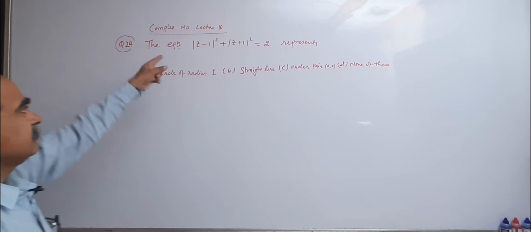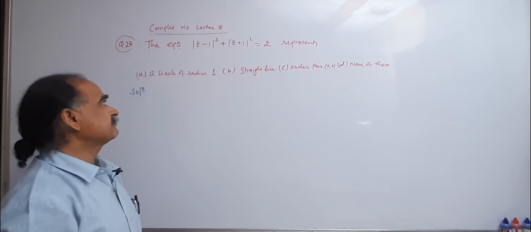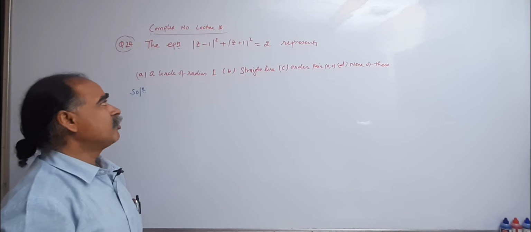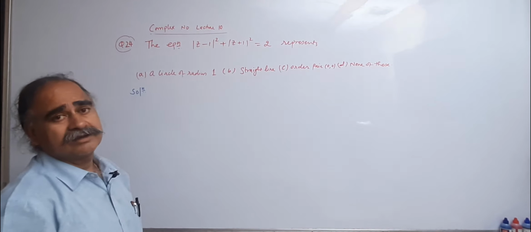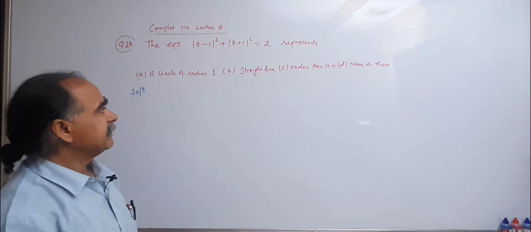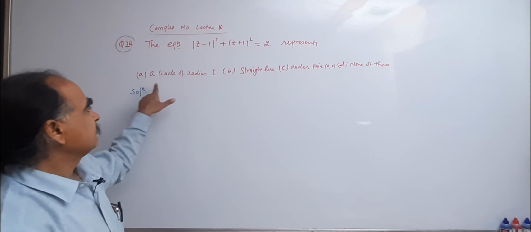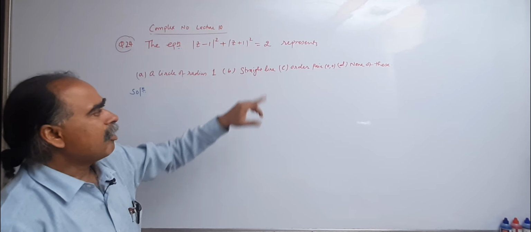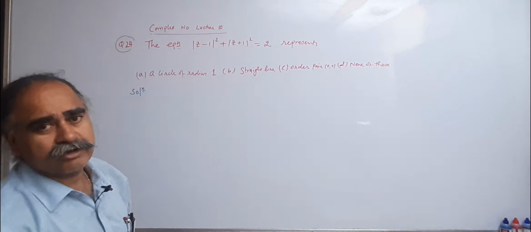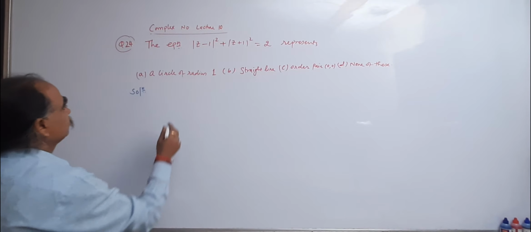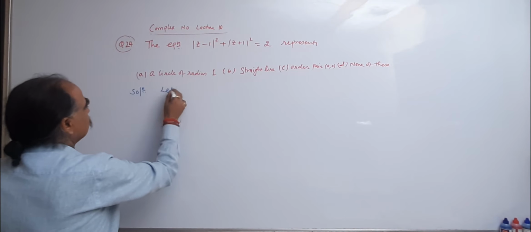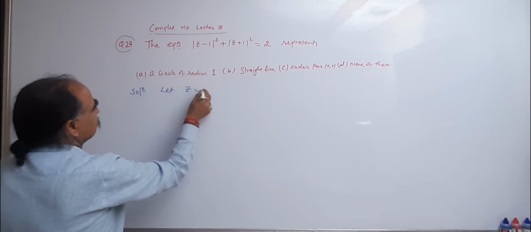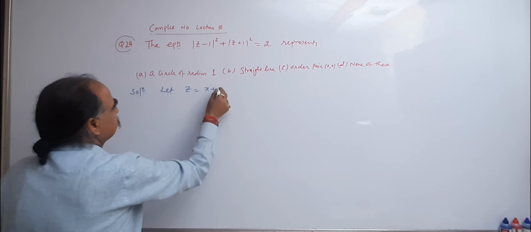The equation mod z minus 1 square plus mod z plus 1 square is equal to 2 represents a circle of radius 1, a straight line, ordered pair 0, 0, none of these. Say this. Let z is what? x plus iy.